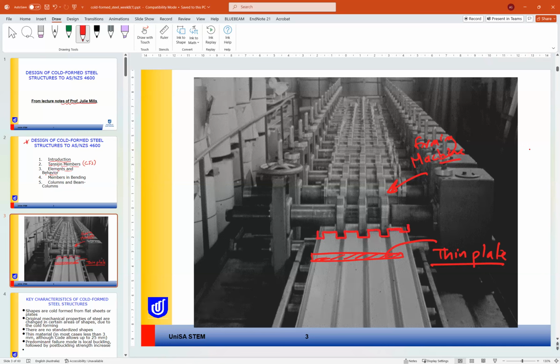So this is our plate. That's why the cold formed steel, as we mentioned last week, has thin thicknesses. It is, for example, maximized at 3.2. So this is the maximum thickness we can have, so that it is easy to be formed or easy to be bent like that. Okay.